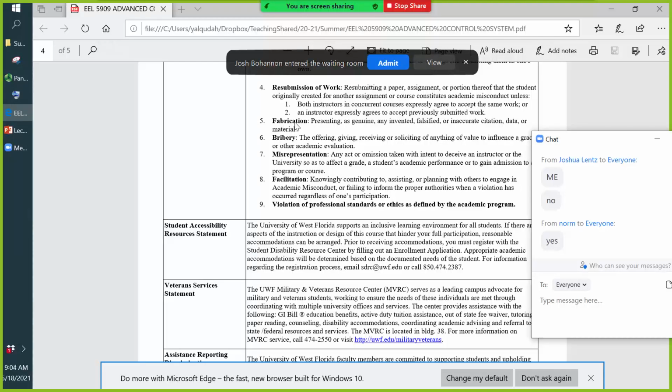But since this is asynchronous, you have the flexibility. So if anybody is traveling or if they have some other plans, they can still do it. That's the advantage actually of the asynchronous method, it will give you flexibility of time. If you have plans after summer or before the next semester starts, then you will be able to still do it.